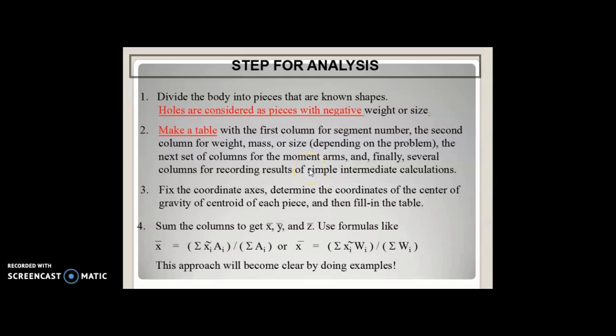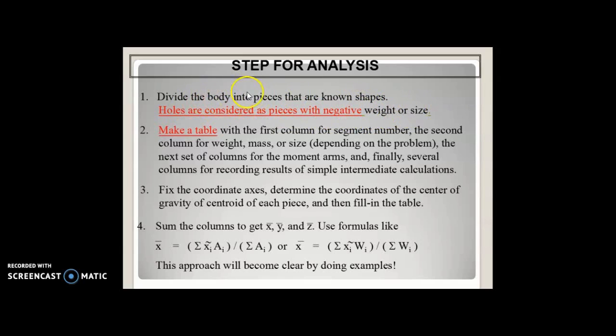When you get a composite body centroid analysis question, these are the steps you need to do. The first one is to divide the body into pieces that are known shapes. If there are holes in the body, you need to consider each as a piece of negative weight or size.